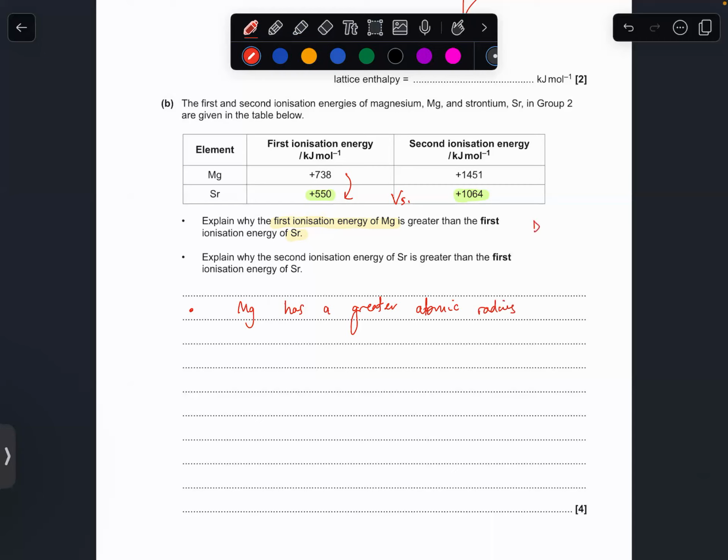There's distance, shielding, and nuclear charge. Distance, we refer to this as atomic radius. You've got your shielding, the shielding of the inner shell electrons. You've got the nuclear charge, which is referring to the number of protons.